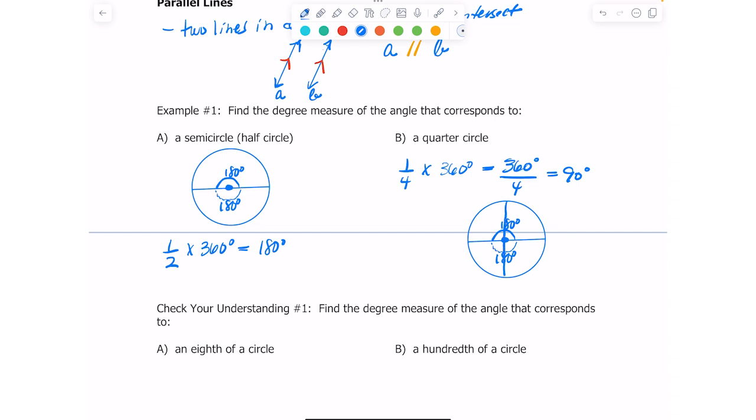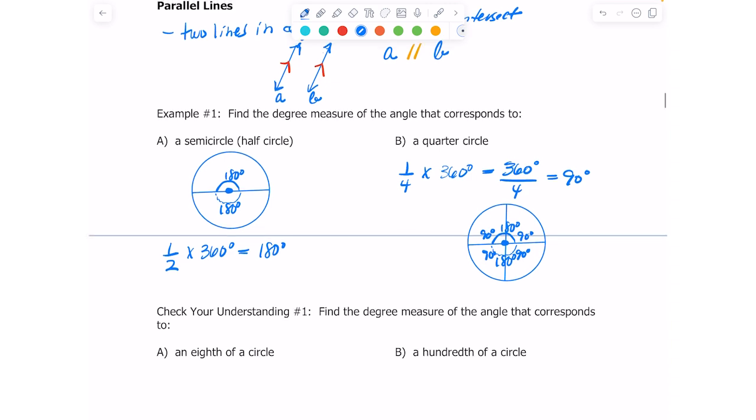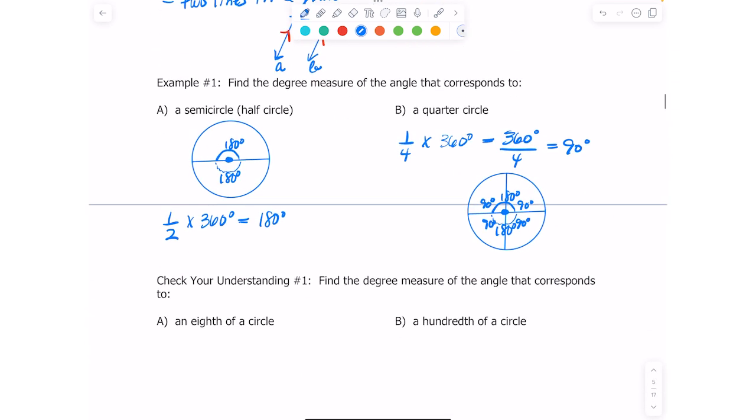I just divided the top part into 2 halves. Half of 180 is 90, right? So these are all 90. That again shows you that the measure of the angle that corresponds to a quarter of a circle is 90 degrees, because 90 times 4 is 360, or 1/4 of 360 is 90.